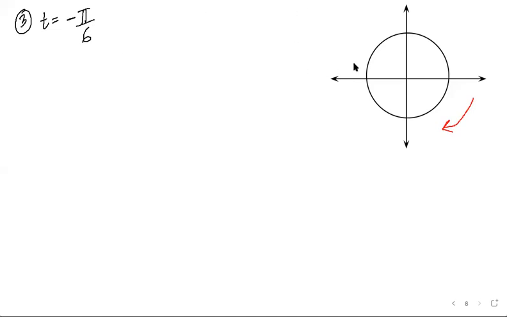So this means we have to move around the circle. This is my starting point. Moving a distance of pi over 6, like around here. This is the distance pi over 6. So my terminal point will be here.